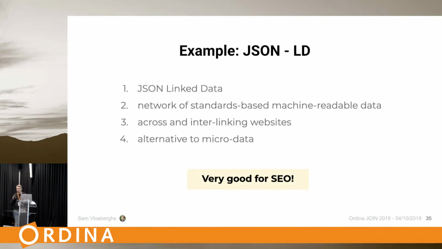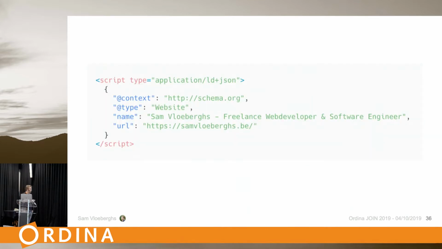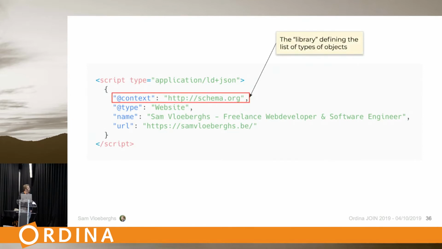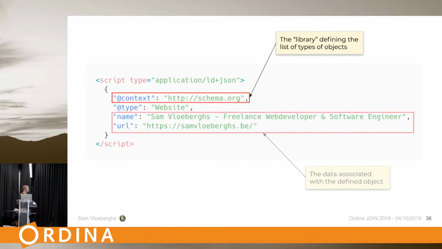Just need to know it's very good for search engine optimization. This is an example which is on my own website. You just give it the context. The context is just the name of the library that holds all the definitions of the types. And each type has a given set of properties that you can fill in to give more context about that type.